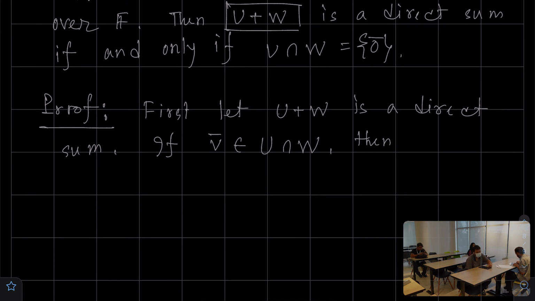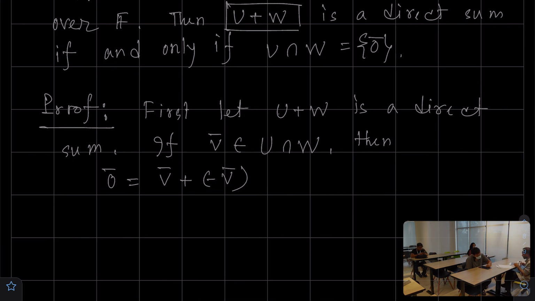first suppose that U plus W is a direct sum. If a vector v belongs to U intersection W, then the 0 vector equals v vector plus minus v vector.